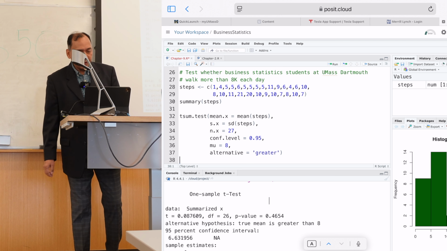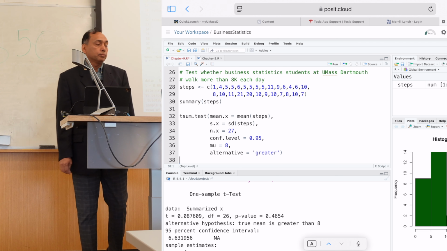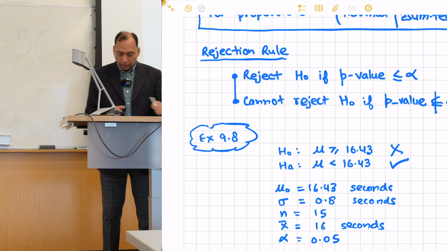P is 0.4654. So if I write down, using T distribution, we got: since the P value is not less than or equal to alpha, we cannot reject H0.